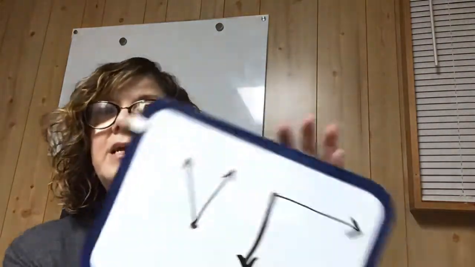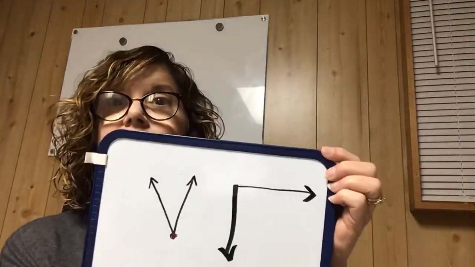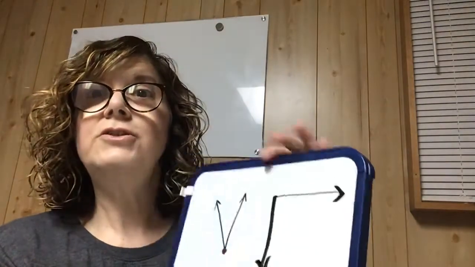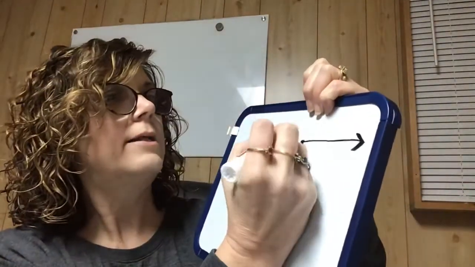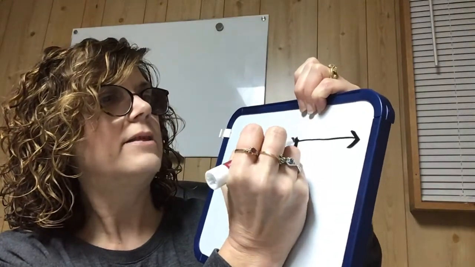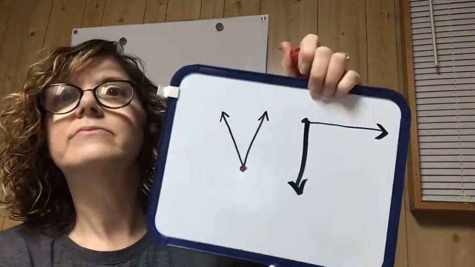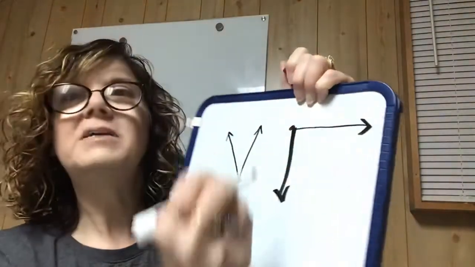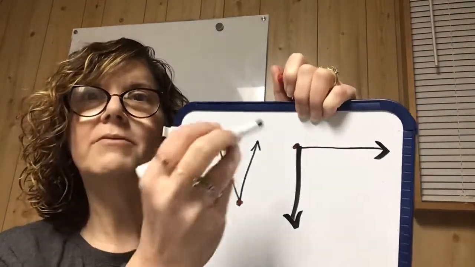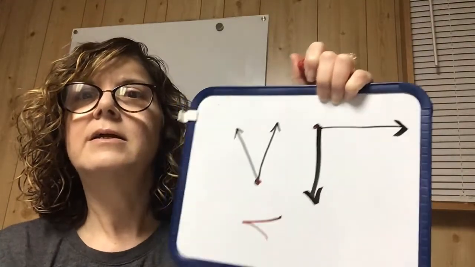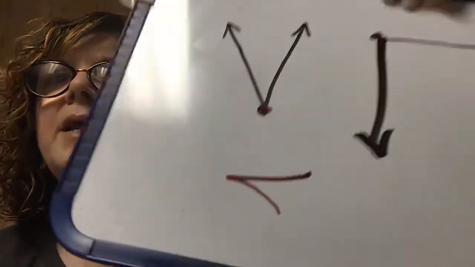All right, so number 10 is going like this. Okay, so what you're going to do is, first of all, take your red, and you're going to put a dot, a red dot right there on that vertex. Okay? It can actually be on it. I'm trying to not put it right on it because I don't want to get my black and my red mixed up, and then my red, see, it's writing a little bit black.